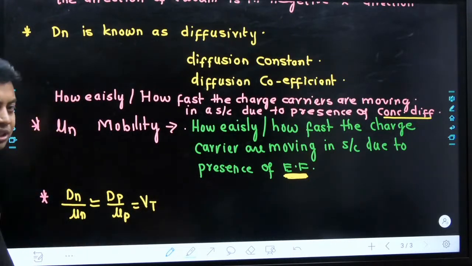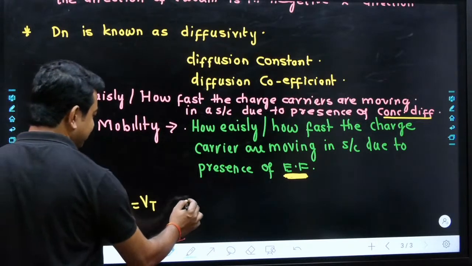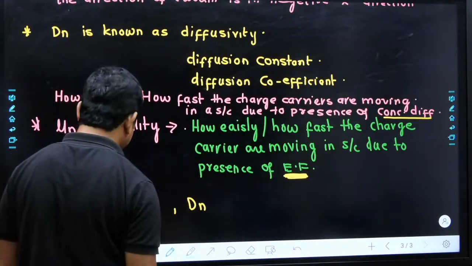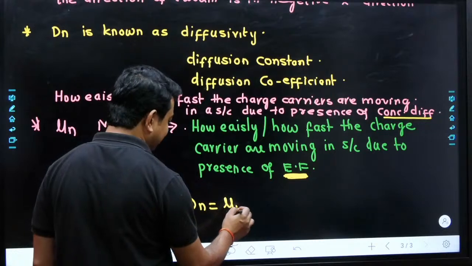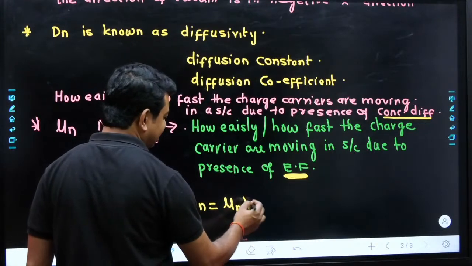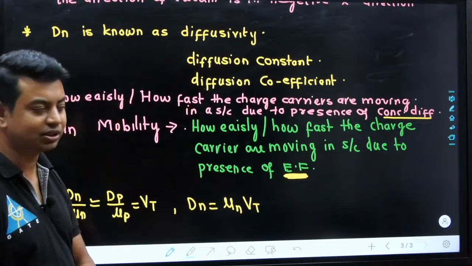This is known as the Einstein relationship, and by using this we can find the values of Dn and Dp. Suppose anyone wants to find the value of Dn at a particular temperature, then we have to multiply the mobility at that temperature with the volt equivalent of temperature, that is Vt.